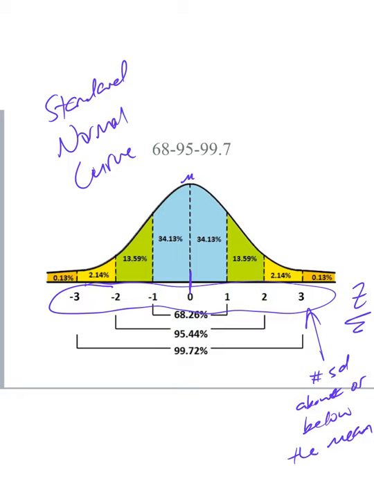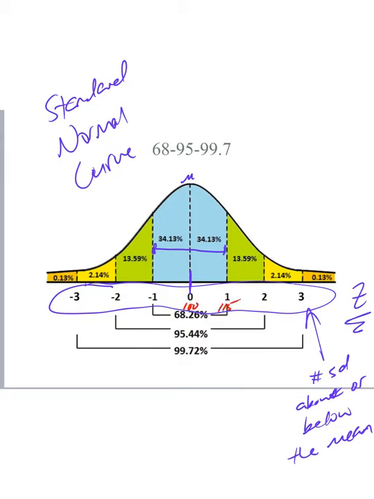Okay, and so what we're seeing here is if you look at this space here, the full blue space, that's about 68%, 68.26%. That means that about 68% of the values are within 1 standard deviation of the mean. So 68% of IQs are within 1 standard deviation of the mean IQ, and that tends to be at about 100 for the mean, with a standard deviation of about 15.